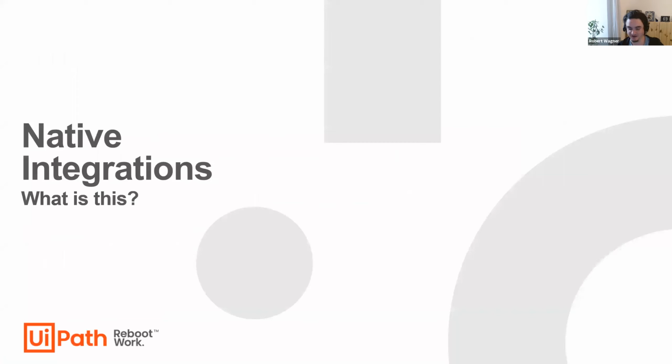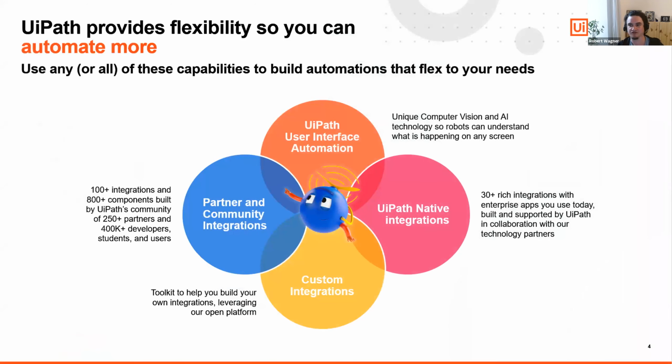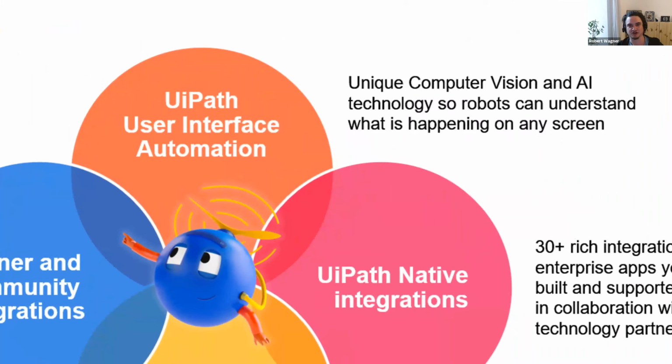All right, native integrations. What is this? You might have heard about native integrations, but let's have a look at what UiPath is offering from a full automation perspective. First of all, I'm sure everybody knows about our UI automation capabilities, and we have pretty strong capabilities for automating web UIs, but also desktop UIs.